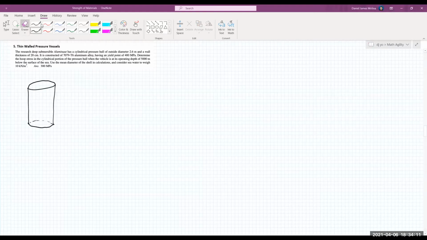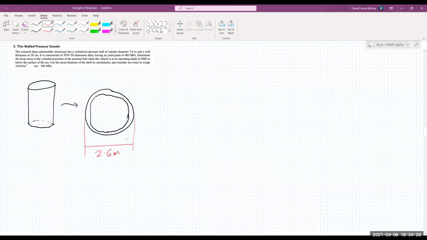And then the cylinder is, of course, the top view will look like this one, since it's a hollow cylinder. It's a thin-walled one. Okay. So the outside diameter is 2.6 meters. Okay. And then the thickness of the wall is 20 centimeters, or that is actually 0.2 meters.